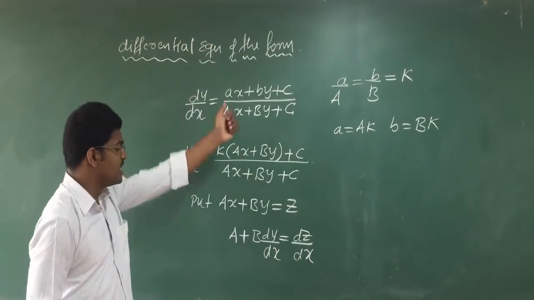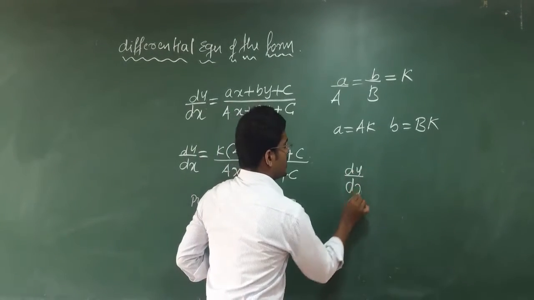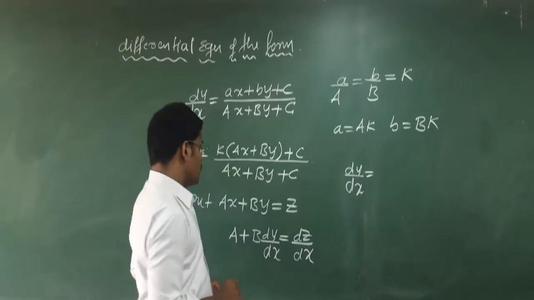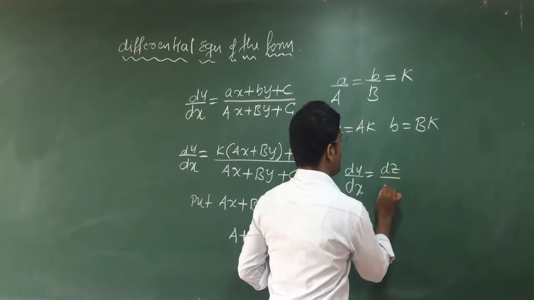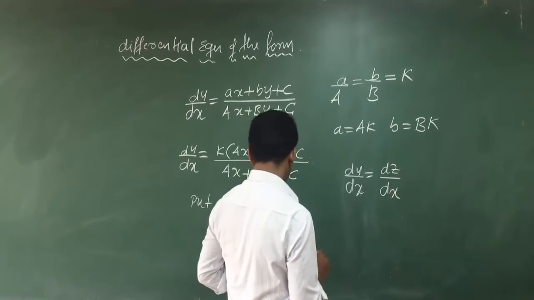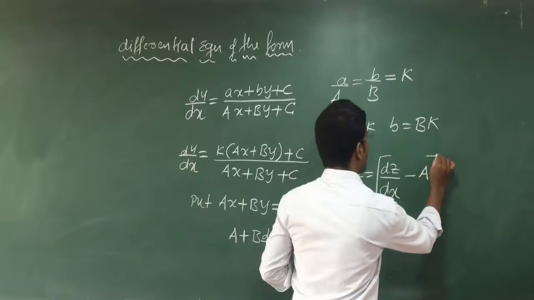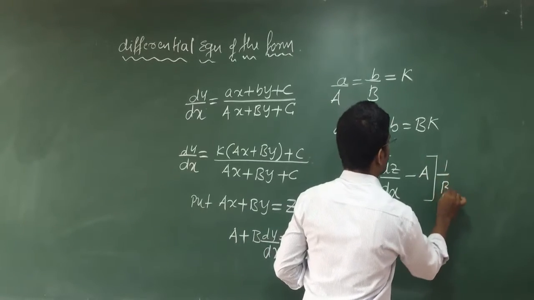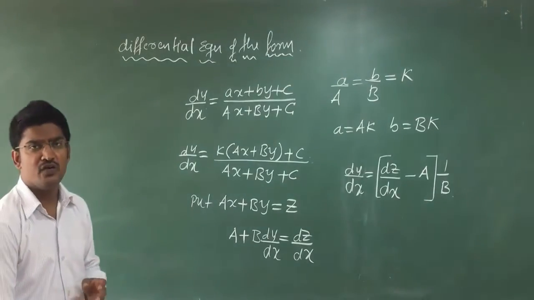See, dy by dx can be written as dz by dx minus a, multiplied with 1 by capital B. 1 by capital B. Are you clear?